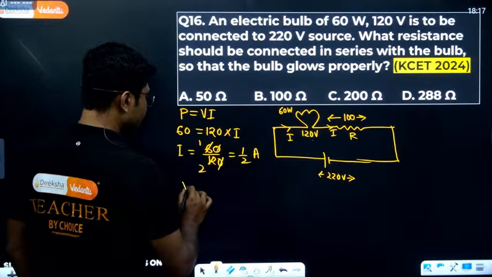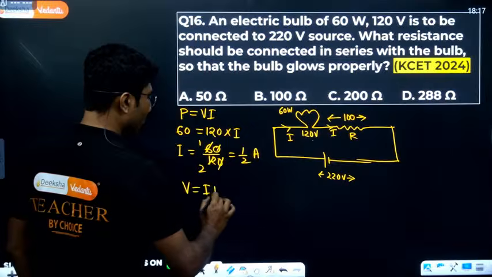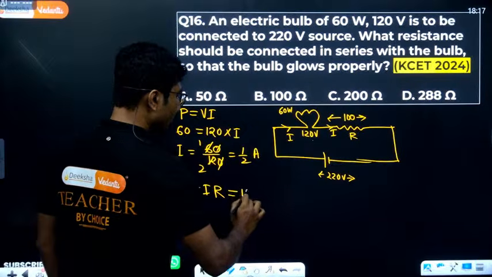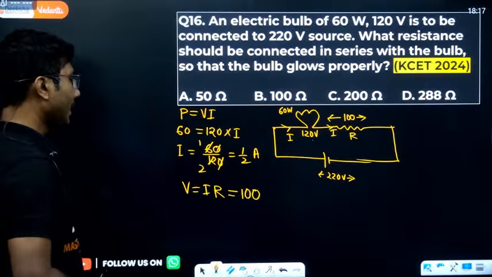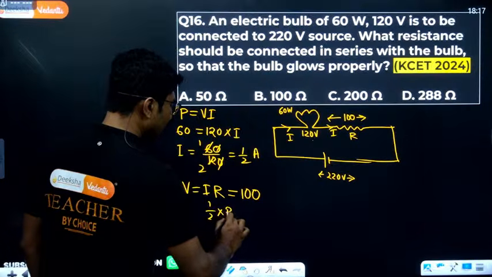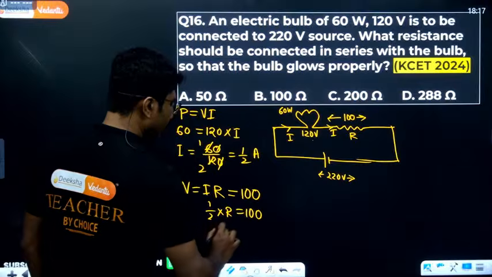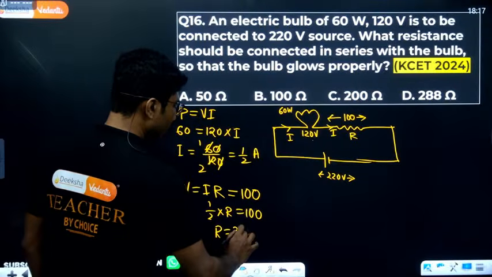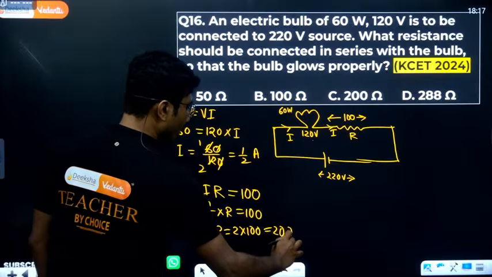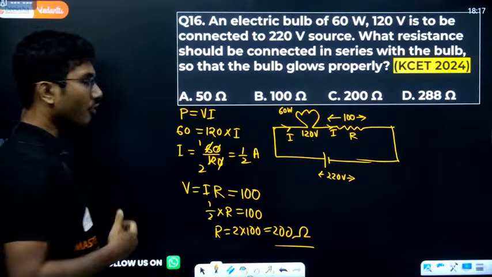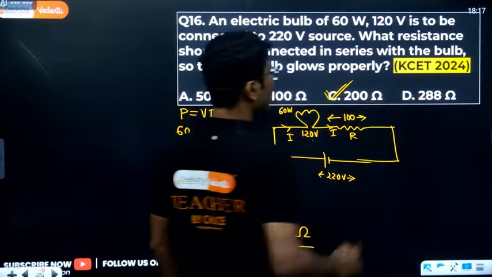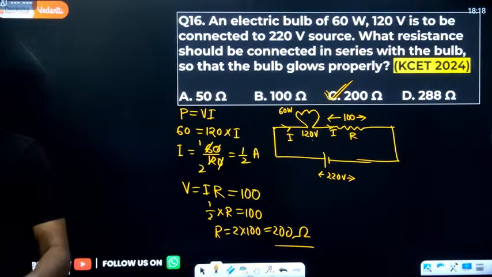According to Ohm's law, V is equal to IR, and according to our calculation, this should also equal 100 volt. The current is half ampere, so half into R is equal to 100 volt. So R should be 2 into 100, that is 200 ohm. So for the bulb to function properly, the unknown resistance must be 200 ohm, right?